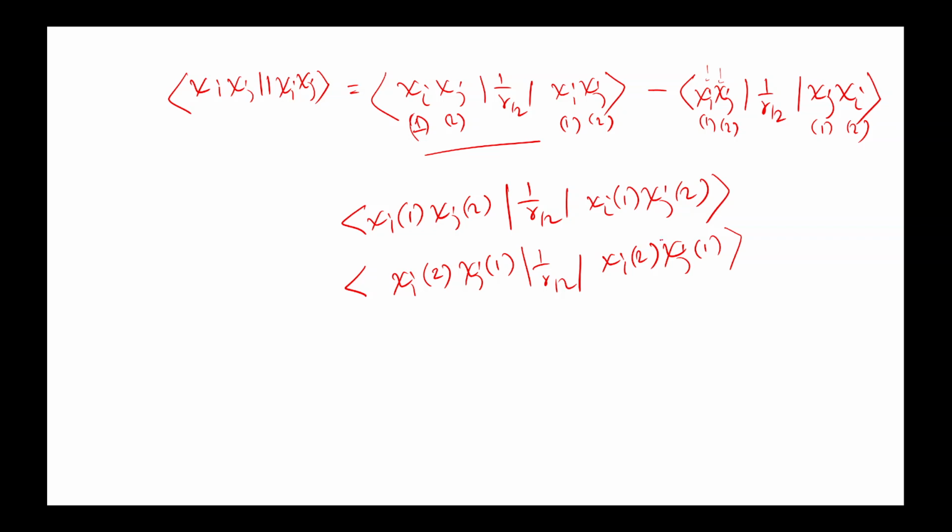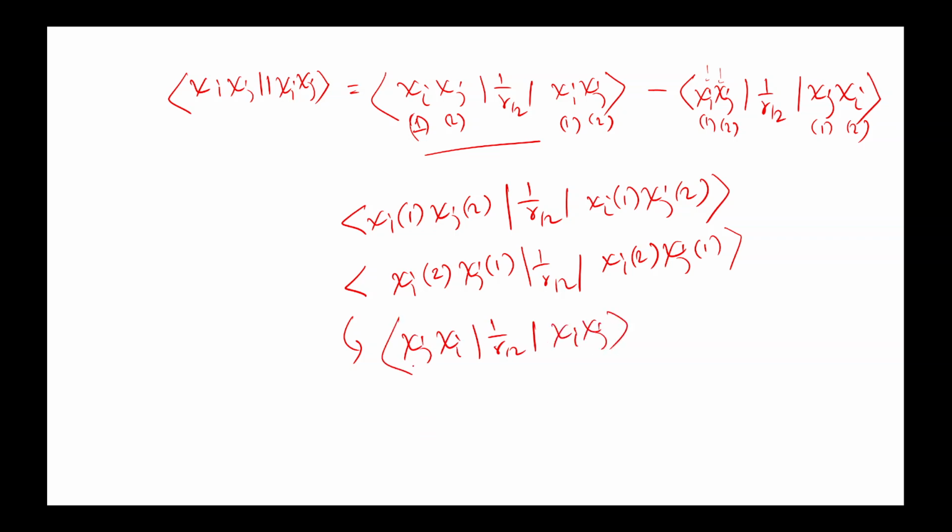This is the way I have explicitly mentioned the coordinates, but in Dirac notation we write one electron in a spin orbital and the second electron in another. So actually this is xi xj, and this is xj xi.